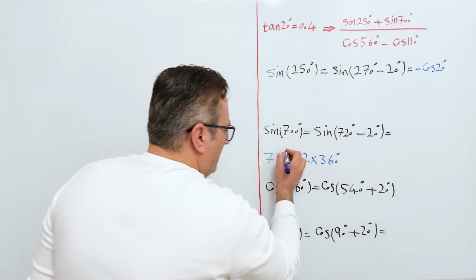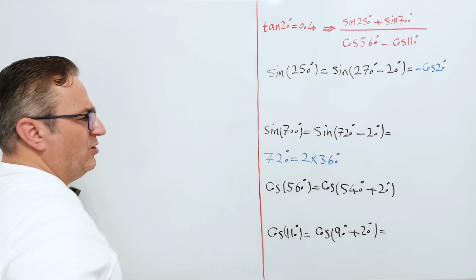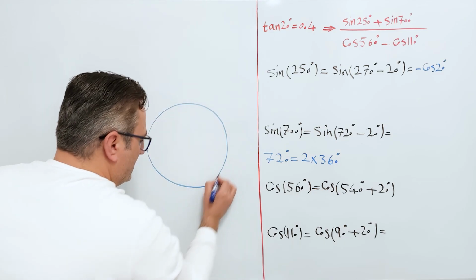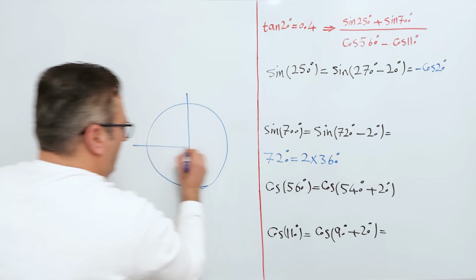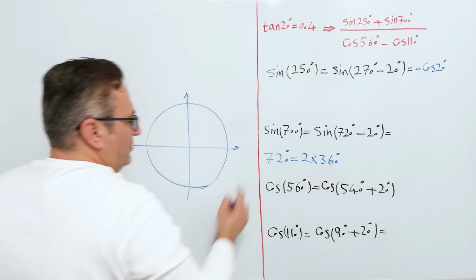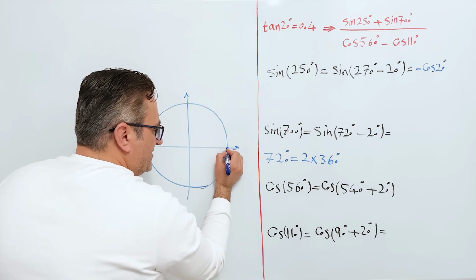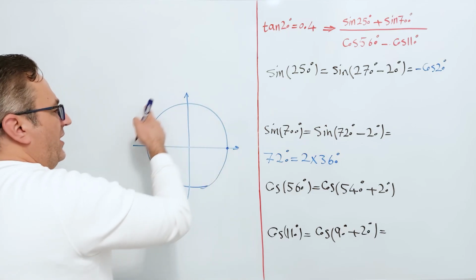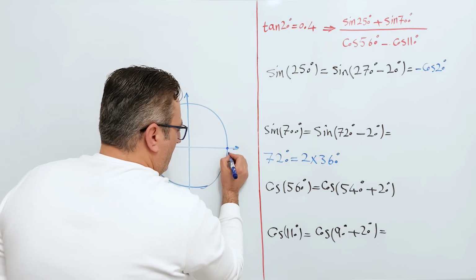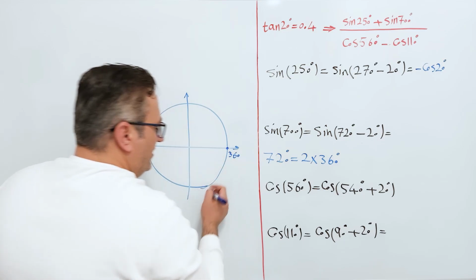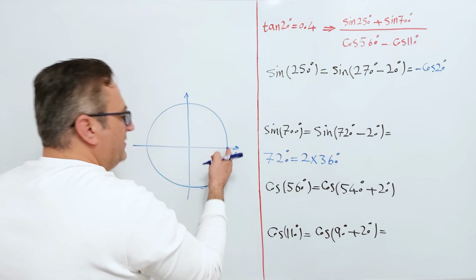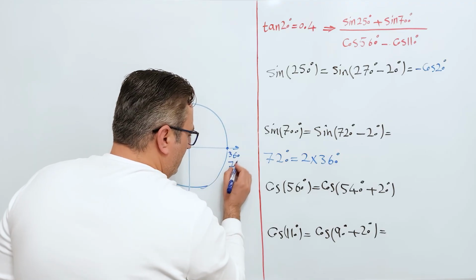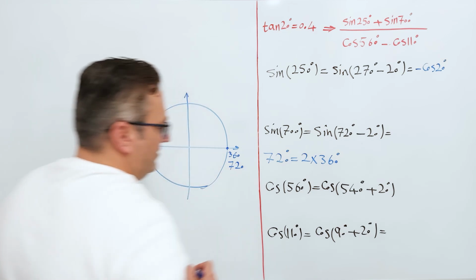720 degrees is equal to 2 times 360 degrees. Okay, so take a look at this unit circle. Here is the 0 point, and when we move counterclockwise we reach 360 degrees, and keep moving counterclockwise, so we reach 720 degrees.